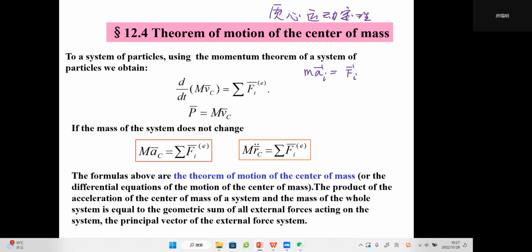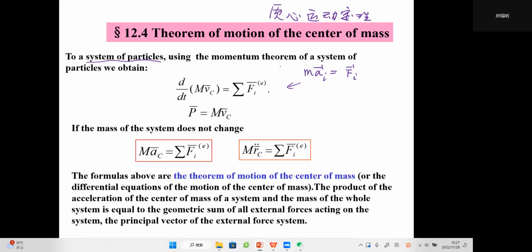But actually here we are talking about a system of particles, a lot of particles that constitute the system. So we should use maybe the same method.